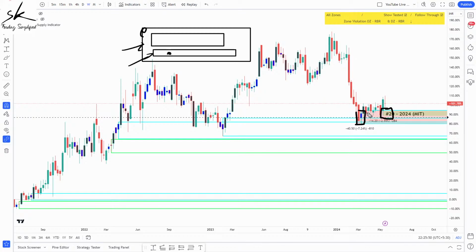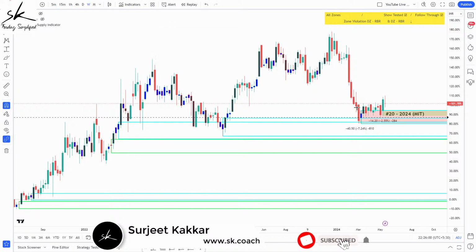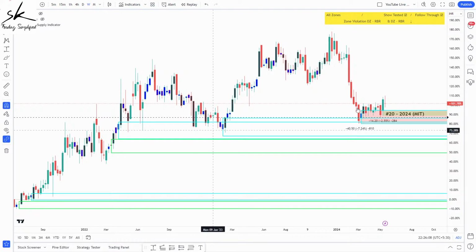So my zone of the intermediate time frame and my zone of the lower time frame are not exactly the same. So this is basically a reaction to the zone. So even though the lower time frame zone is inside, it is not a coinciding level. Coinciding means that both the zones should be common on the lower time frame as well as on the intermediate time frame. Here the intermediate time frame zone is a different zone and the lower time frame zone is a different zone. So that does not make it a coinciding level.